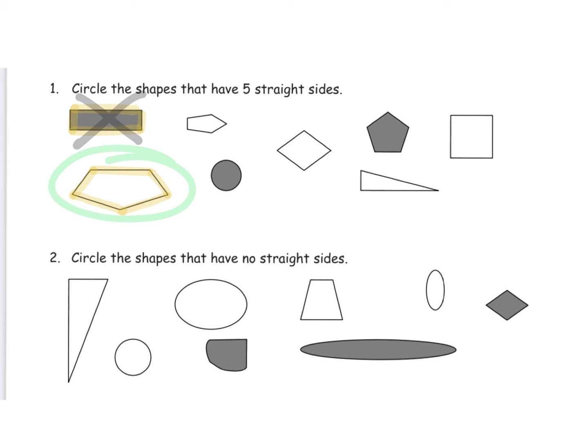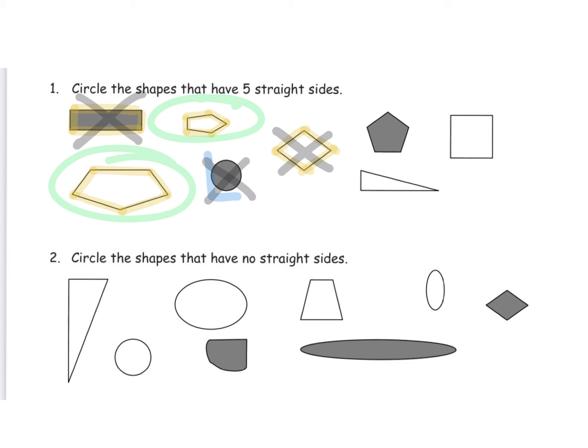Our next shape has 1, 2, 3, 4, 5 straight sides as well, so we can also circle that one. Our next shape has no straight sides, so we can cross it off. Our next shape has 4 sides, so we can cross this one off.